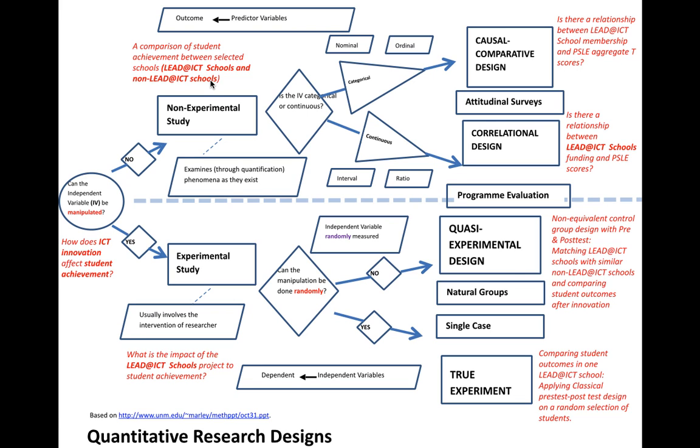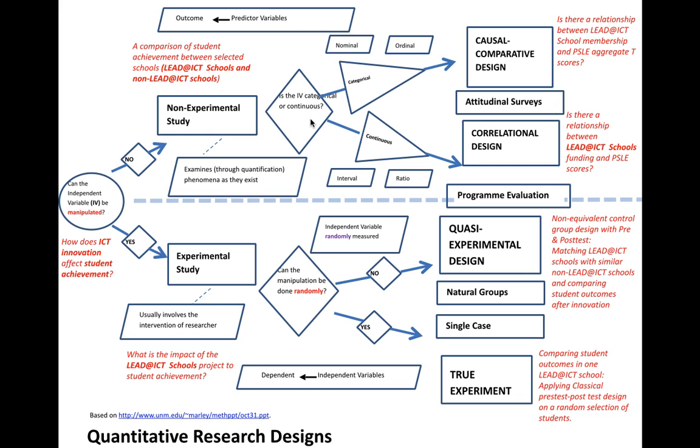And usually this happens after a certain period of time, after the implementation, for example, of lead ICT schools. If you're able to measure before and after, then you can actually move it into a quasi-experimental design. But if you can't, if the independent variable cannot be manipulated, you're looking at non-experimental studies.